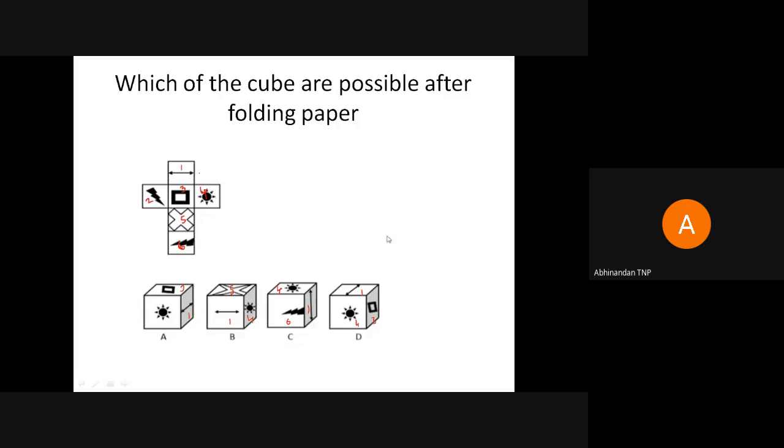When you fold it, this portion will go down, this portion will go down, this portion will go down. So we have to find the two opposite faces of the cube. When I fold this, 2 and 4 are opposite. Then when I fold this, 1 and 5 are opposite, and 3 and 6 are opposite.